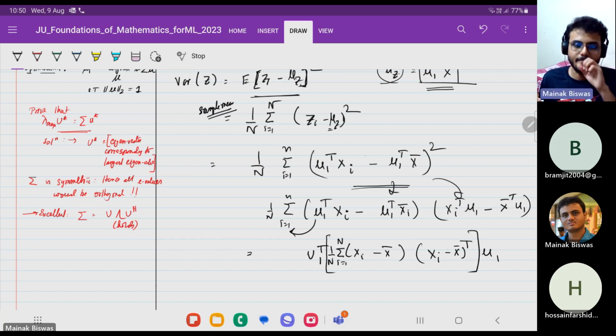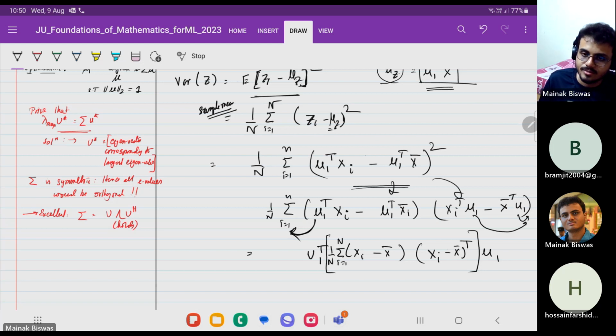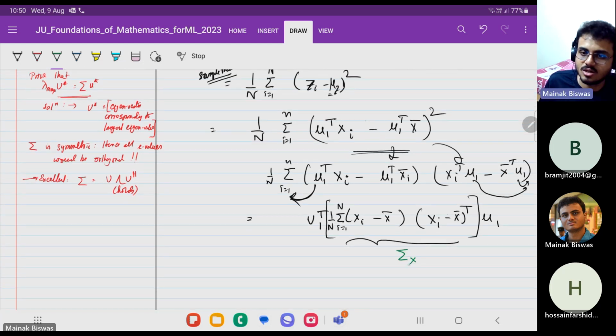Is this step clear? I have taken U1 common from this side and U1 common from this side. So what is this matrix? I already showed you before. This is the covariance matrix, right? Covariance matrix of X or not?